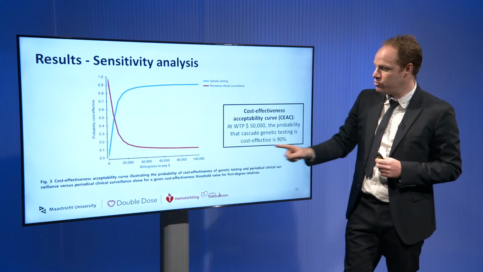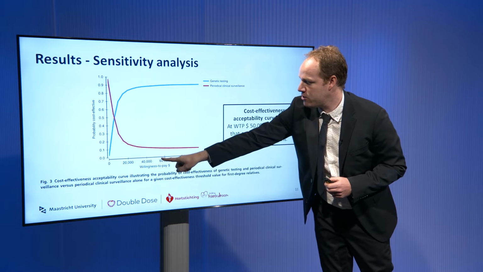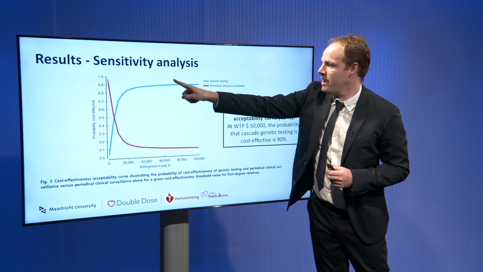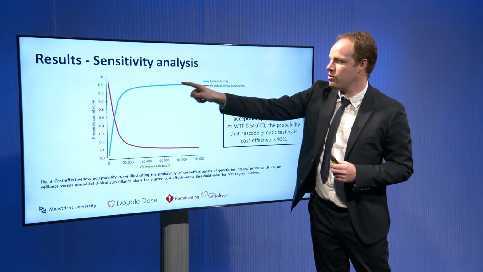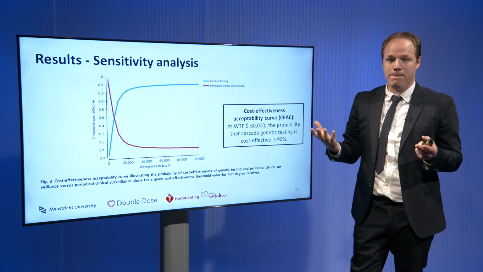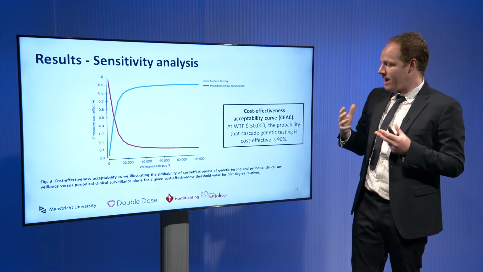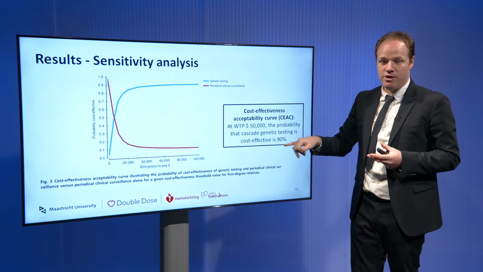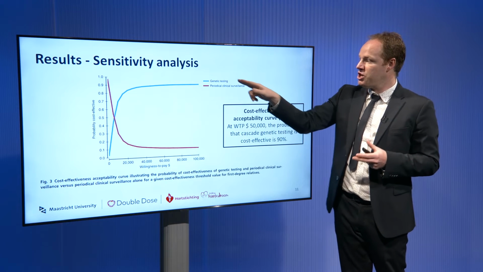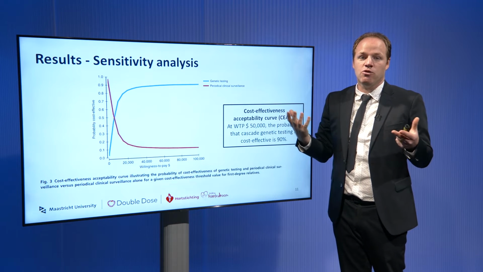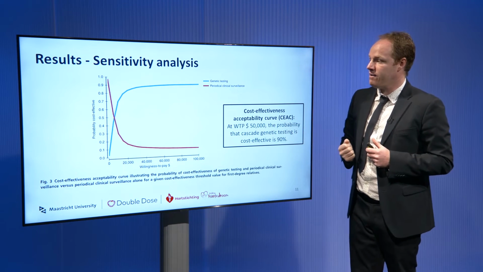For example, if we use the threshold of 50,000, we have about 90% chance to be cost-effective, meaning that at this threshold, there were 90% of the simulations where genetic testing was the most cost-effective intervention.